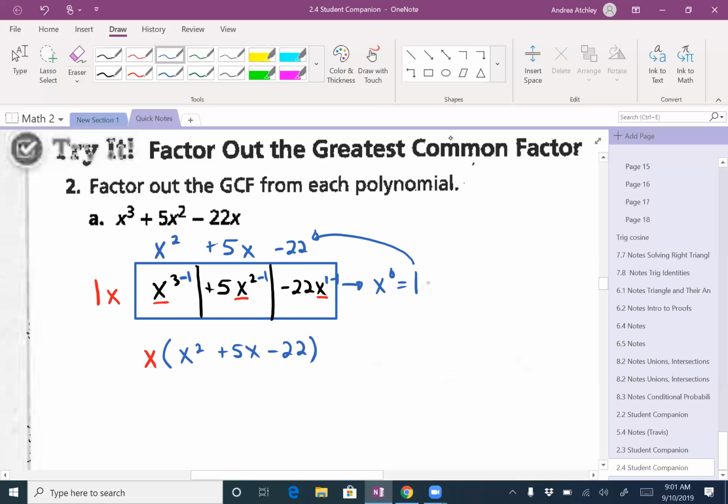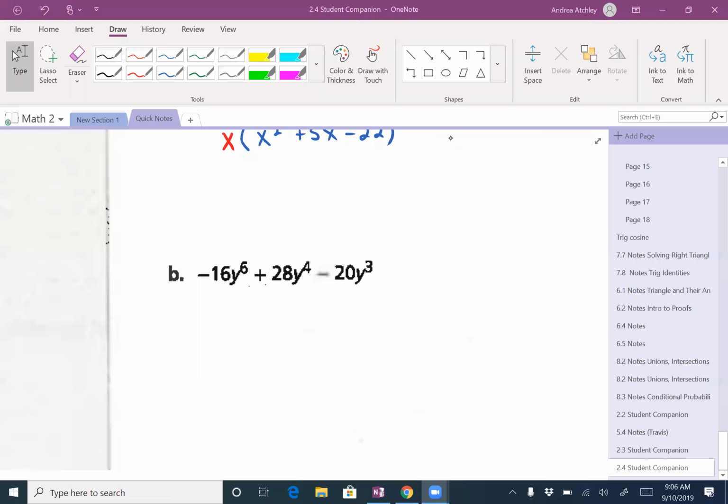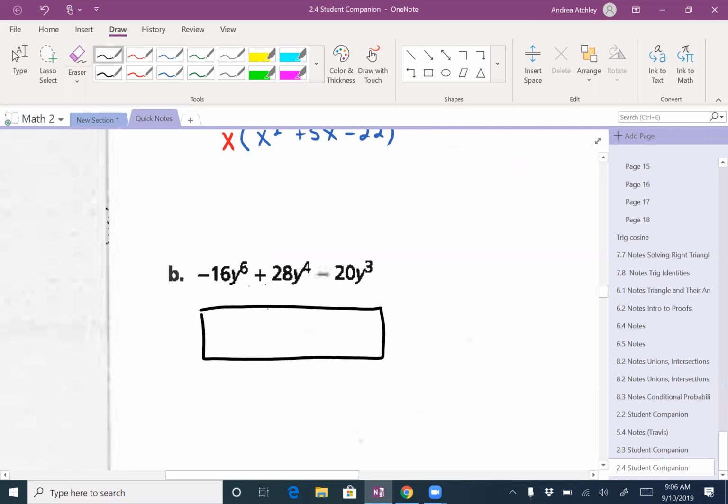Any questions over that? How are we doing? Okay, you guys do the next one. It's negative 16y to the sixth, 28y to the fourth, and negative 20y cubed.